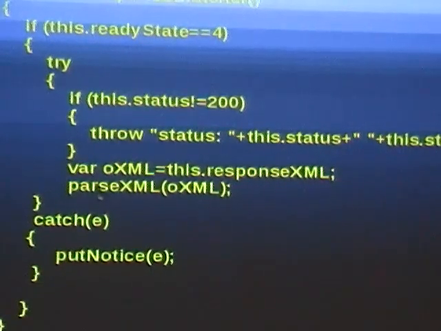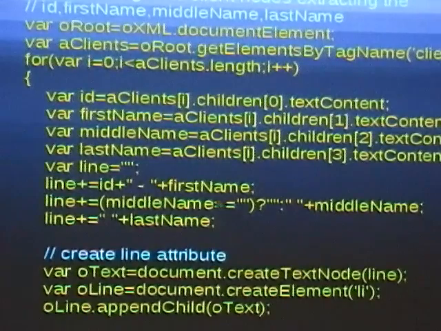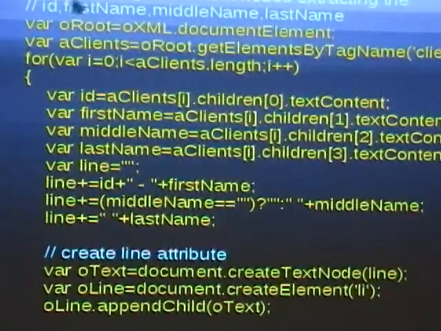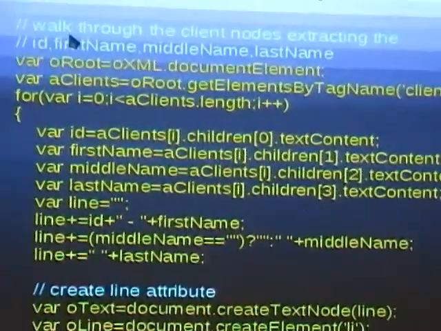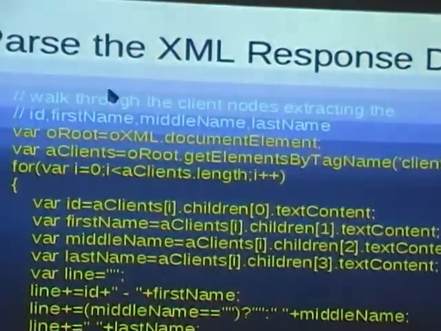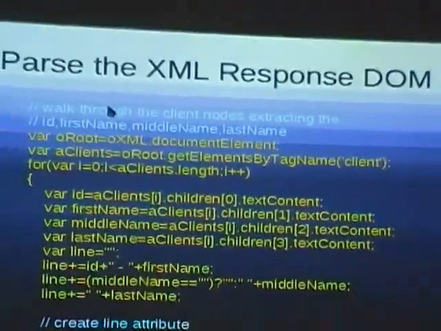And then I have a function that uses that variable to parse out that XML that you saw previously into usable data and place it where I want it to be. Here's an example of the parsing. I don't know if any of you are familiar with parsing XML in JavaScript. No?